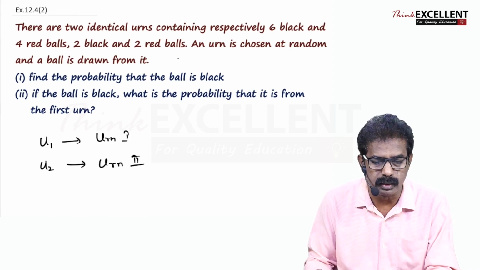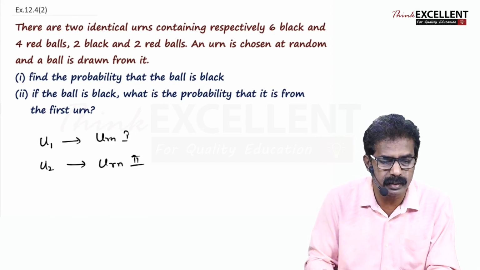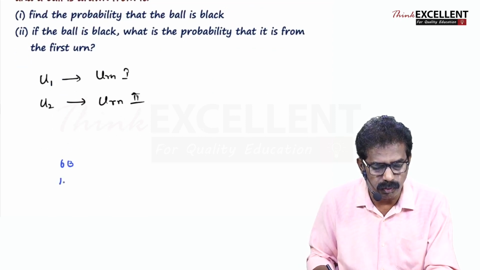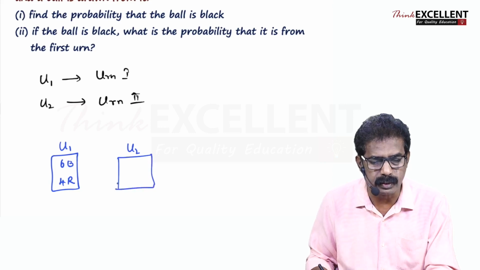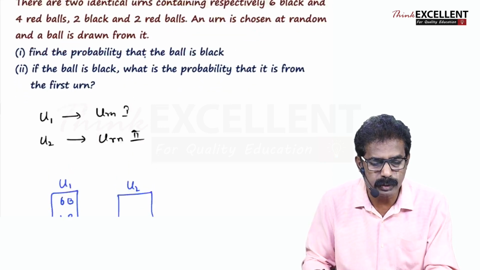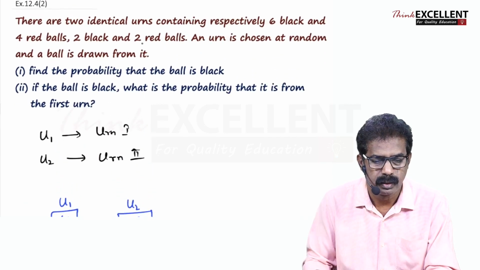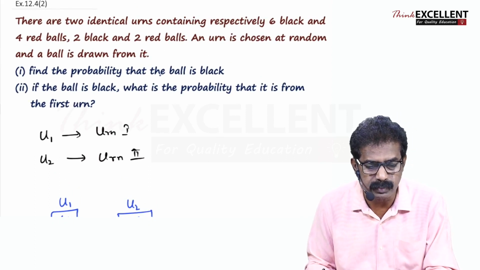Respectively, the first urn contains 6 black and 4 red, and urn 2 contains 2 black and 2 red. An urn is chosen at random and a ball is drawn from it. Find the probability that it is the black ball.